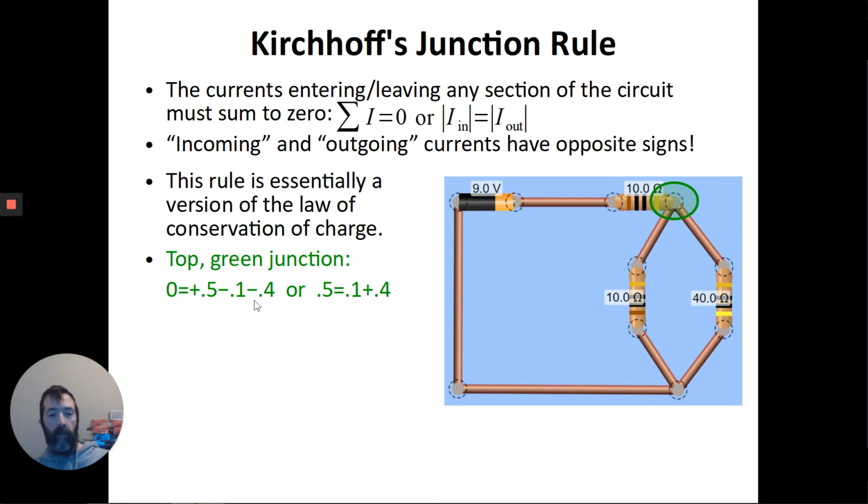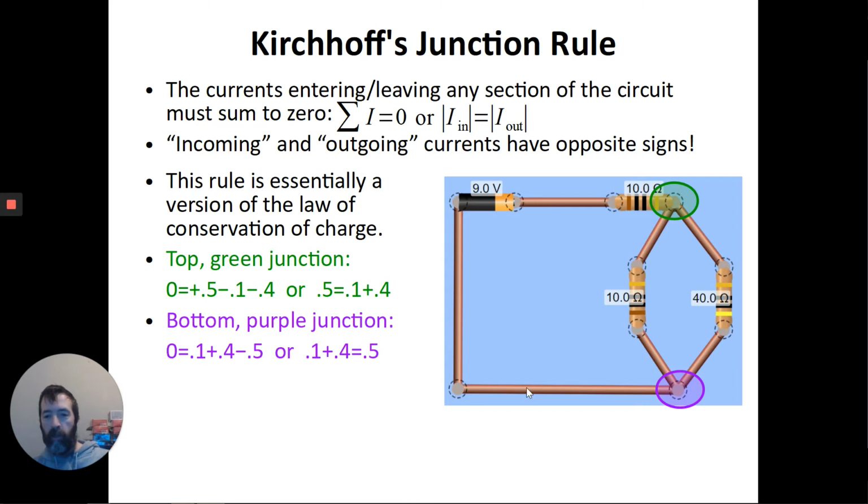I put a minus sign on it. And then there was 0.1 amps going out this way. So I chose to make coming in positive and going out negative. So this is the summation notation version, or if you just want to say in equals out, the incoming current is 0.5, the outgoing currents are 0.1 and 0.4. And I think it's pretty clear that these are actually the same equation. So it doesn't matter which way you think about doing it.